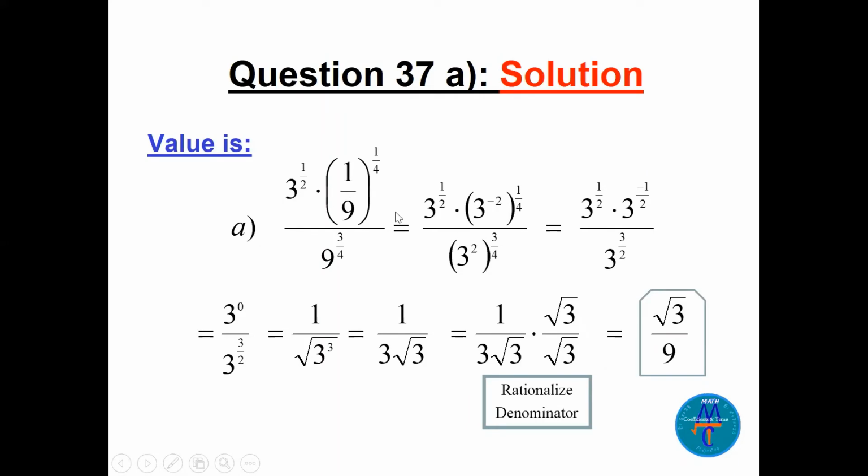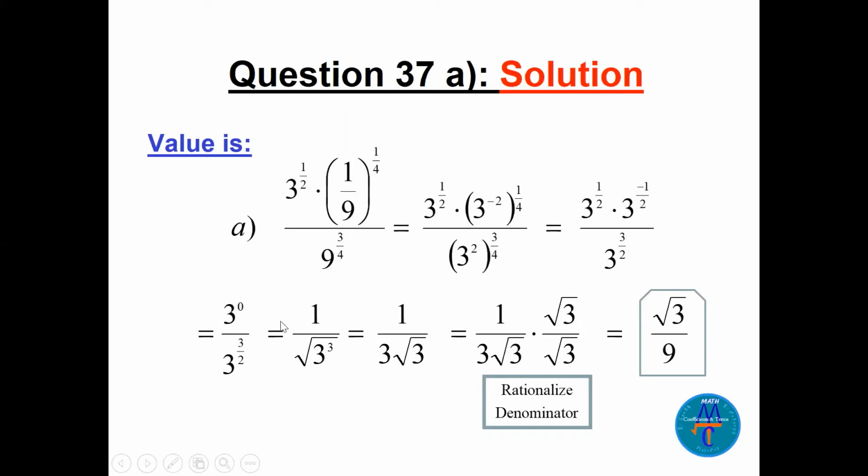Change everything to base 3. 3 to the power half, 1 over 9 will be 3 to the power minus 2, multiply the power, and 9 here is 3 squared, multiplied by 3 over 4. So we change everything; the idea here is to base 3.